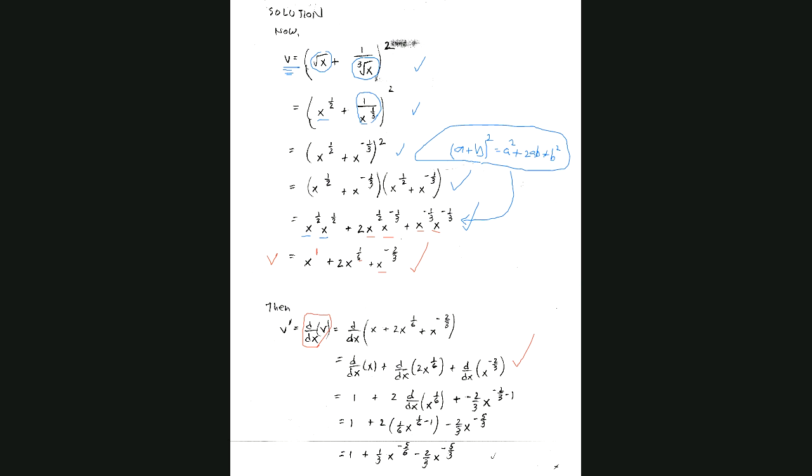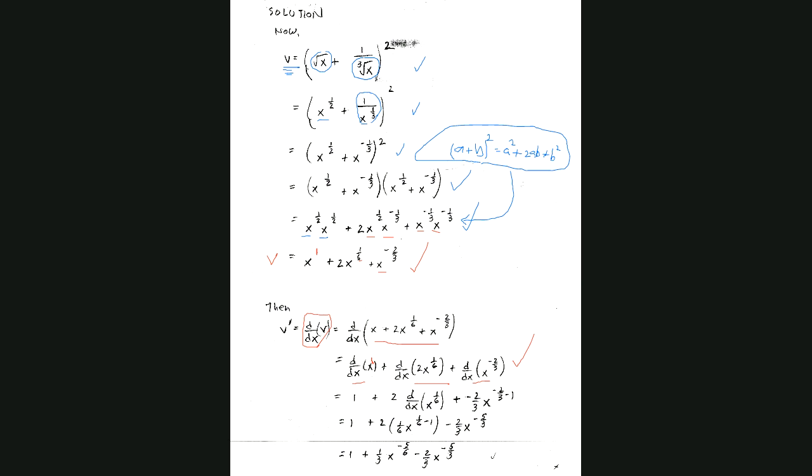Well, the derivative of a sum of functions is the sum of the derivatives of the functions. And that x is x to the first, right? And then you just apply your rules. The derivative of x to the first is just 1.